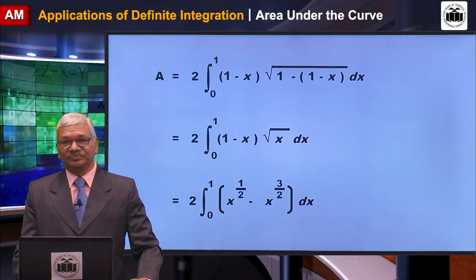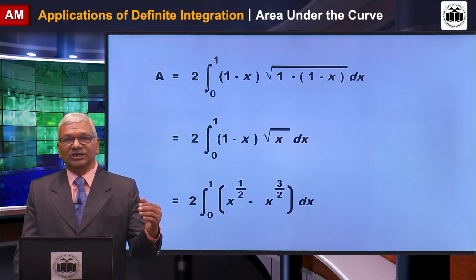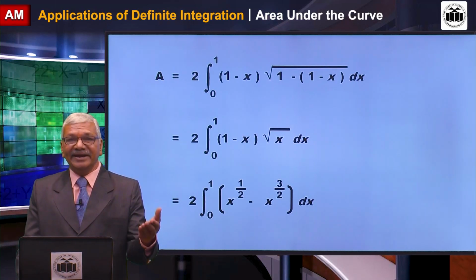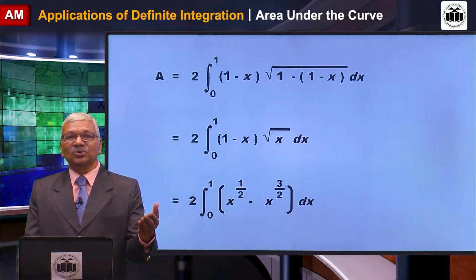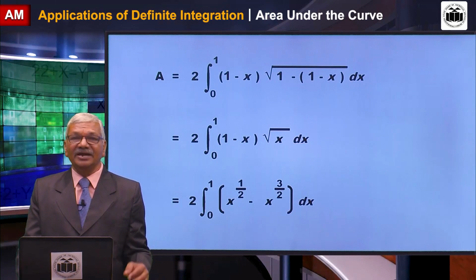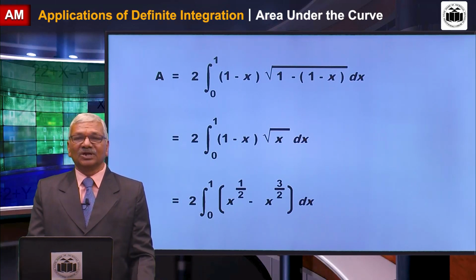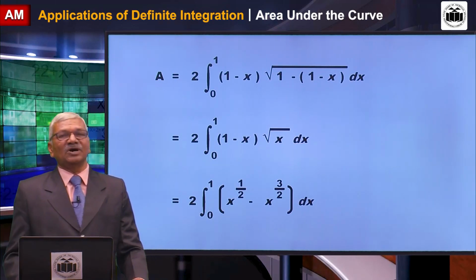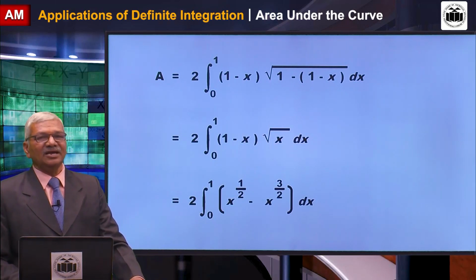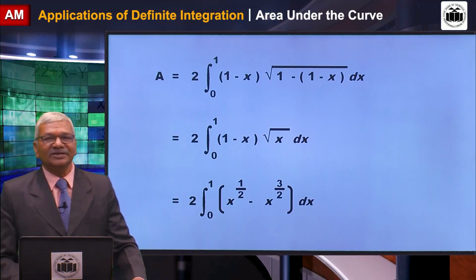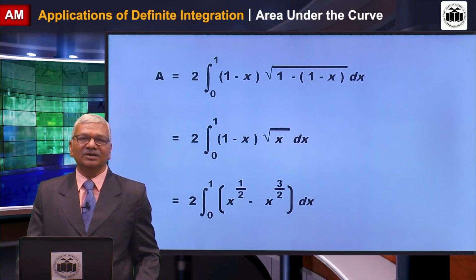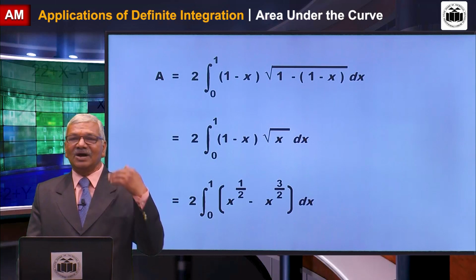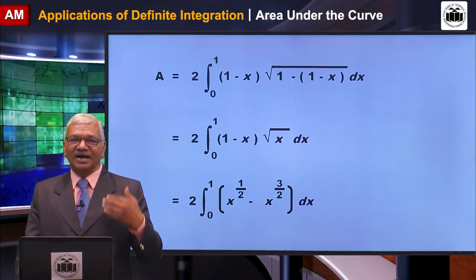In this way, the integrand 1 minus x into root x is simplified into power form. Now we can apply the power formula, that is, integration of x raised to n is what? x raised to n plus 1 upon n plus 1. That is adding 1 to the power and dividing by the new power.